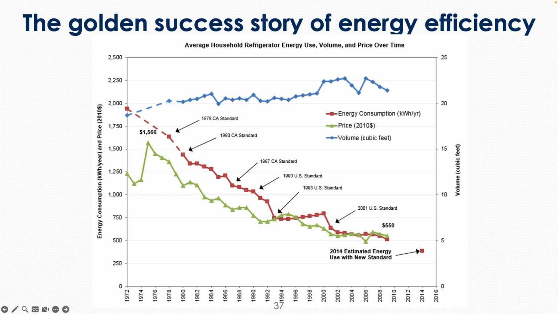And the refrigerator is one of the areas that you can see was a win-win story. In terms of the size of the refrigerator, it didn't really change much, but the price actually went down in the same way that energy consumption decreased. So you're not reducing your service, but you're getting all the benefits of the improvements in energy efficiency.